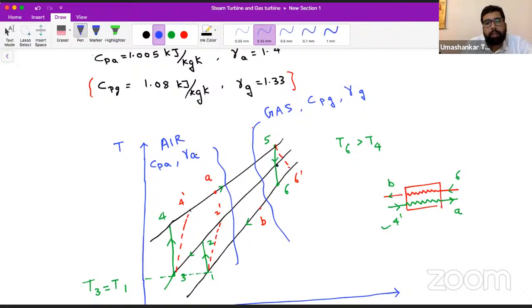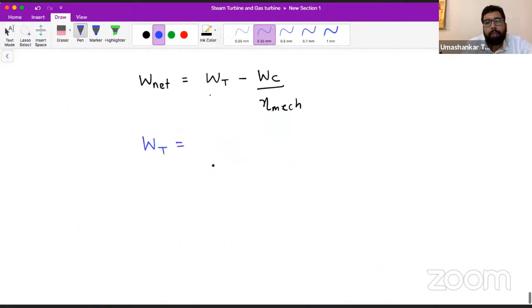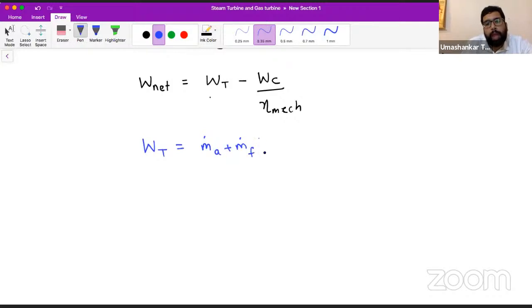If it is after the combustion chamber, we have to apply the concept we have learned. Here the mass flow rate will now be different. Very, very important this is. When you are calculating turbine work, you have to calculate like this: the mass flow rate is now m dot A plus m dot F, the specific heat is now CPG, and the temperature difference is T6 minus T7 dash.